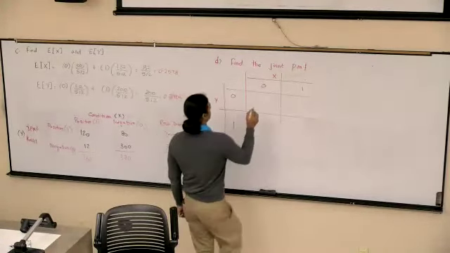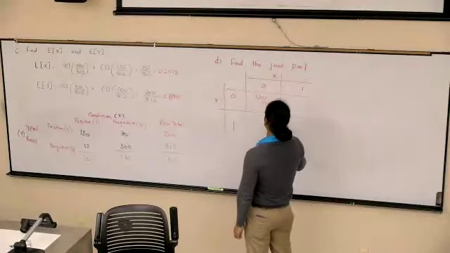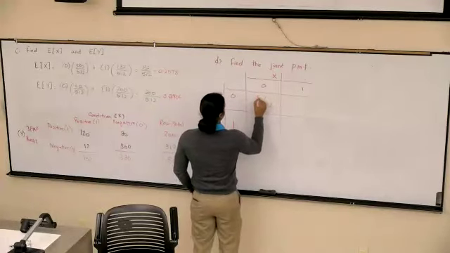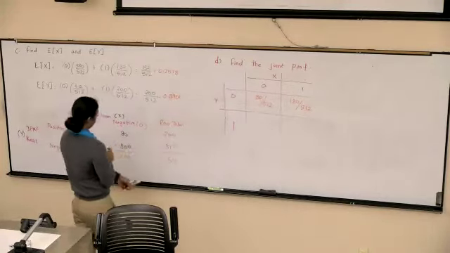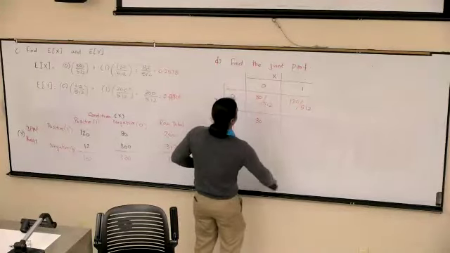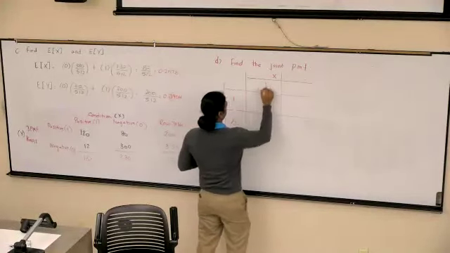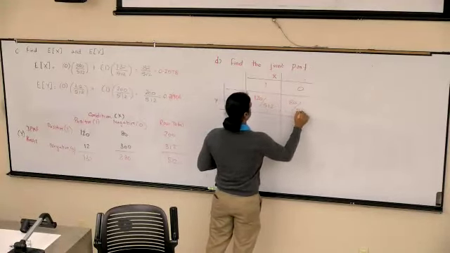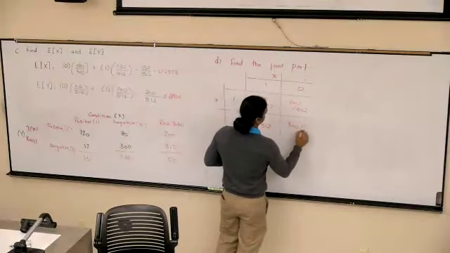So I would have 120 divided by 512, 80 over 512, 12 over 512, 300 over 512.